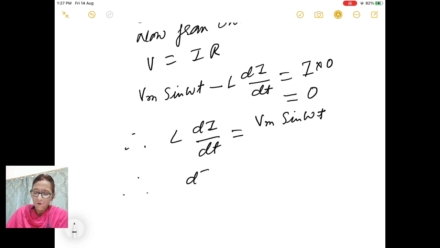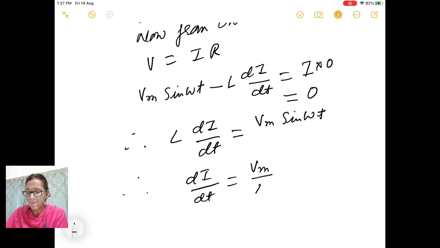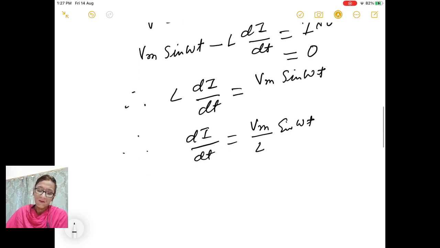And therefore, di upon dt is equal to, let me take L along this side, so Vm upon L sin omega t. Now your alternating current is changing with time. It is time dependent.